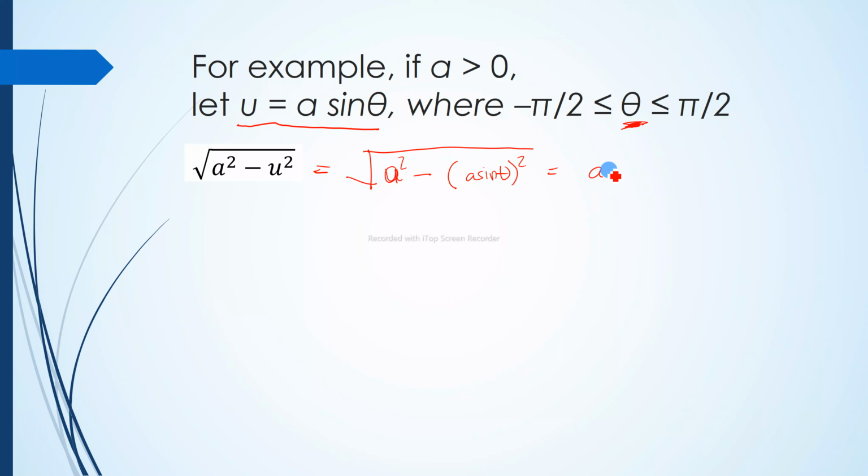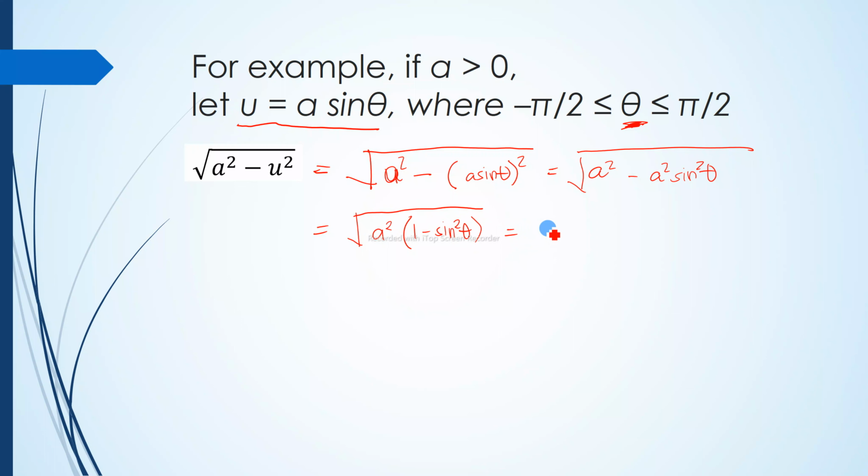We just continue the process. We have a squared minus a squared sine squared theta, and we don't forget the square root. If you notice now, we have a squared, so we can take that out. Then we will have 1 minus sine squared theta, diba? That is the Pythagorean identity.